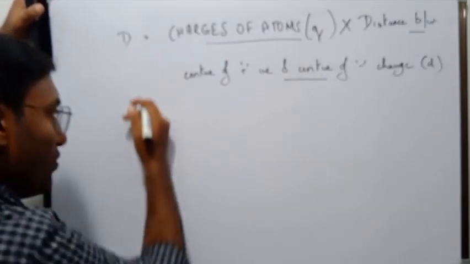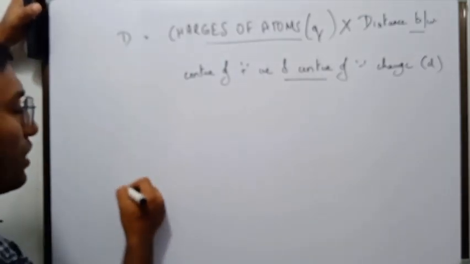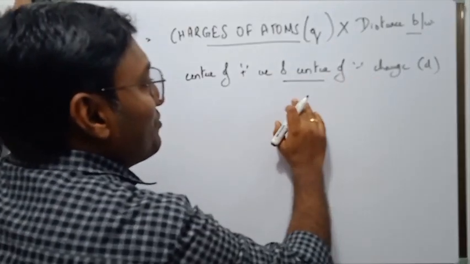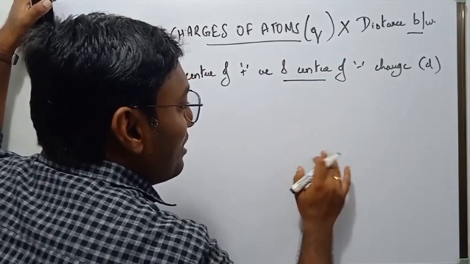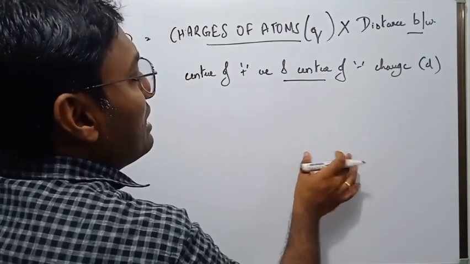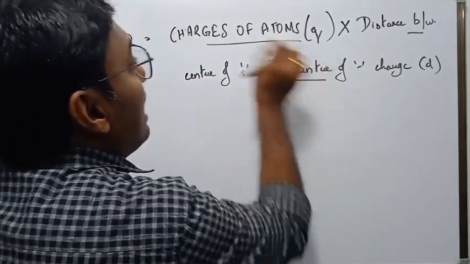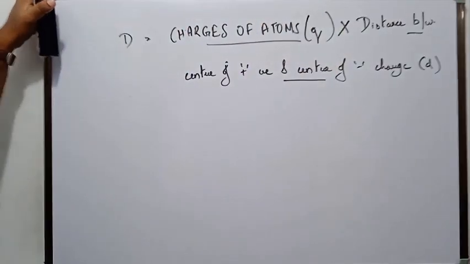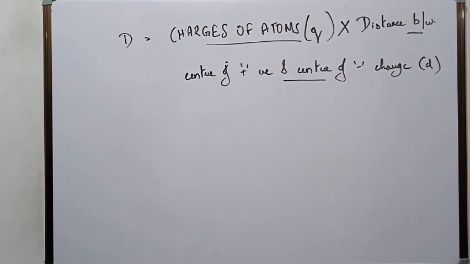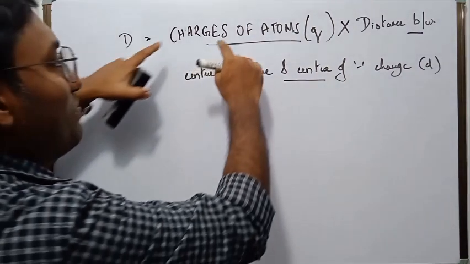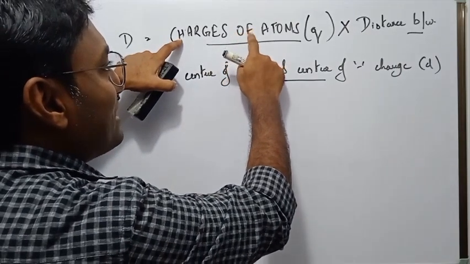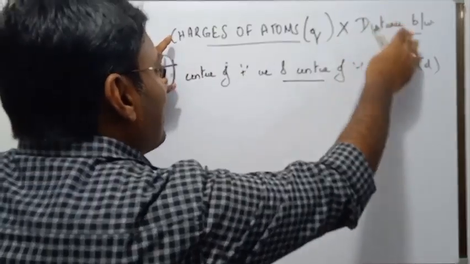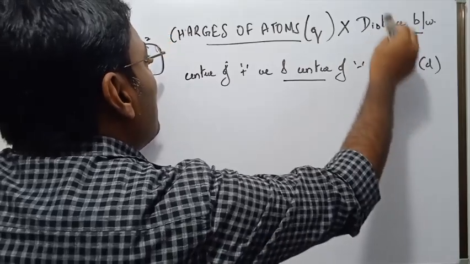As you go down from F to Cl to Br to I, the distance between H and F, or H and Cl, or H and Br, or H and I does not vary as significantly as electronegativity varies. So the dipole moment primarily depends upon the charges, or the electronegativity of the atoms, and the secondary impact is from distance, which is much less.